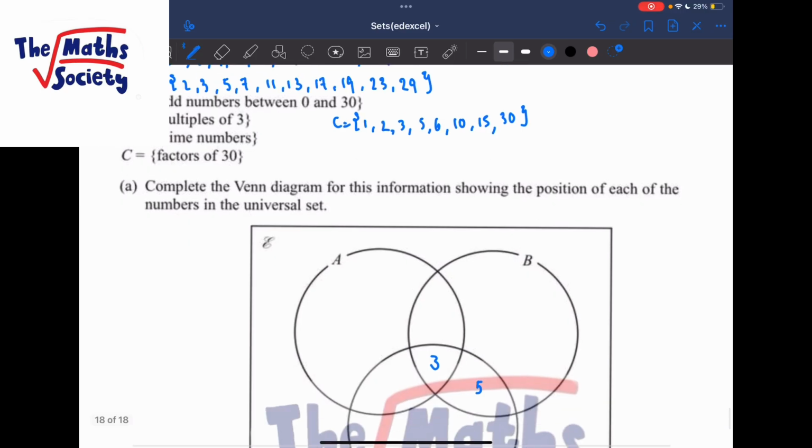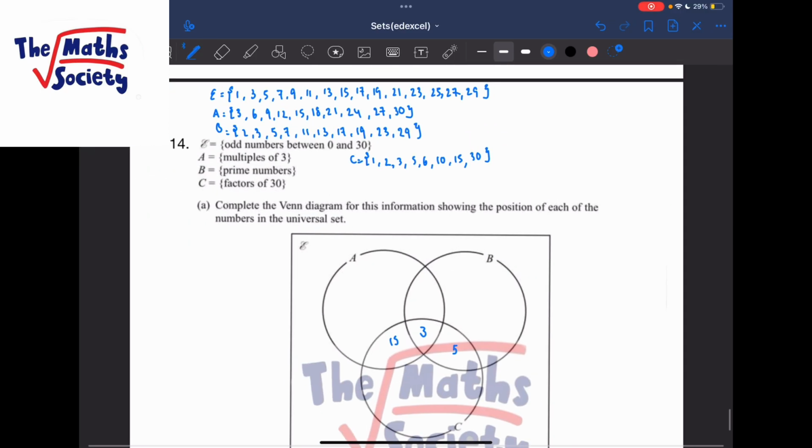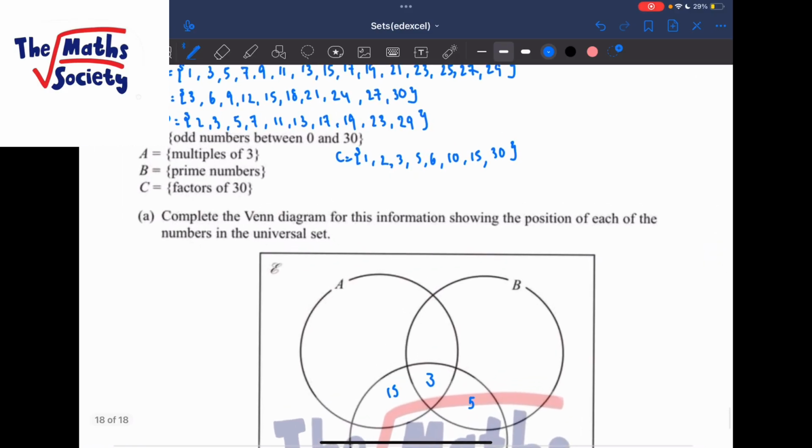So it'll be 15 but intersects. How about A and B? A and B should be not 9. Oh, why do I have B as a prime number here? Okay, this should be correct now.